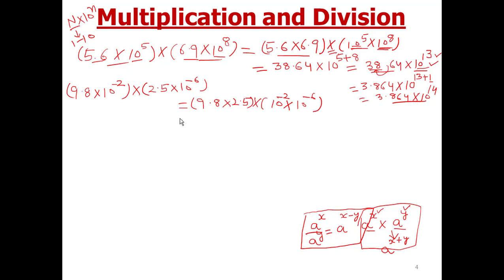So now 9.8 into 2.5 is 24.50. Now again this is multiplication, so we have to add the exponents. Minus 2 plus minus 6, the second exponent is minus 6.